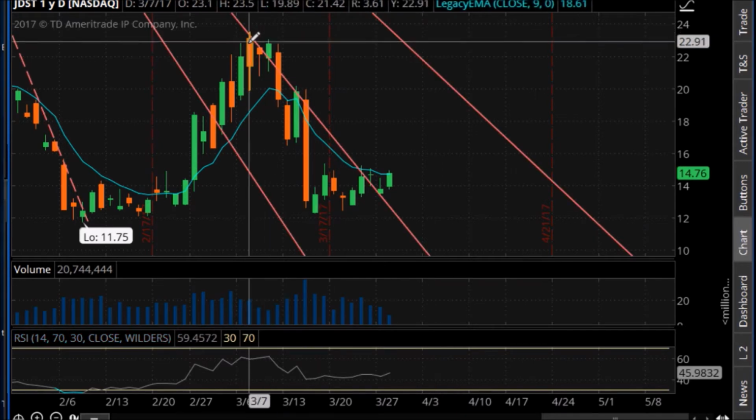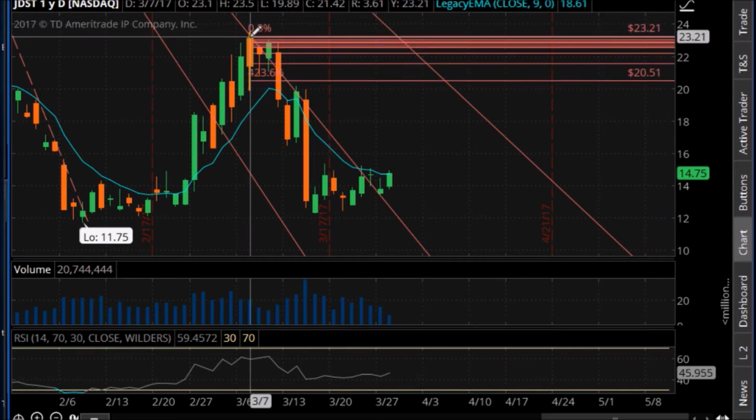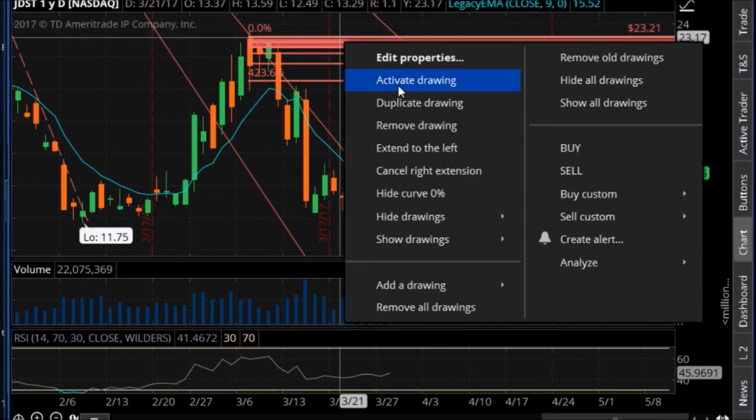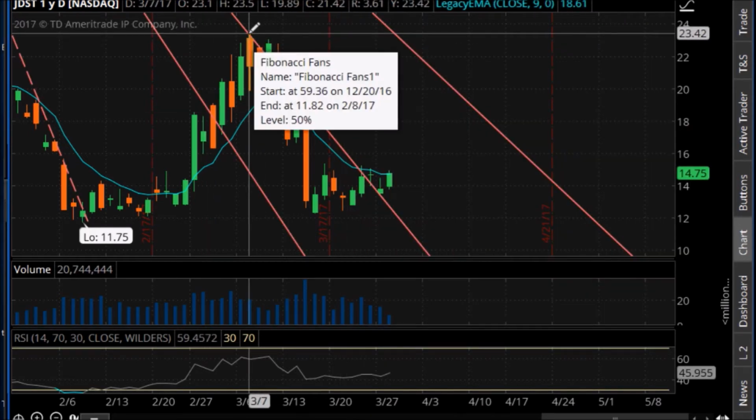This high corresponds to the March 7th high that we made in JDST, once the market, as you can see here, got up to the second trend line resistance.